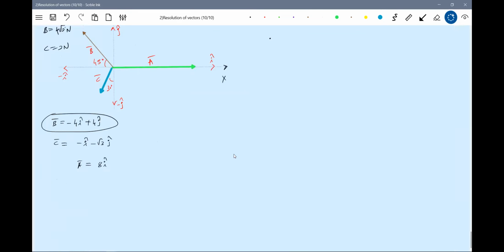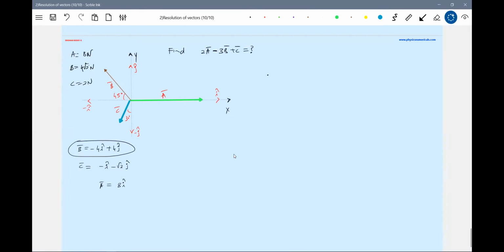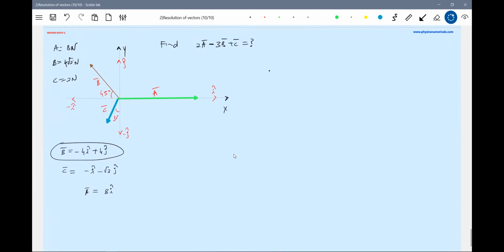Now, what was the question that is asked? Find the value of 2A bar minus B bar plus C bar. Let me directly write it. R bar equal to 2A bar, 2 into 8 I cap, B bar minus 4 I cap, and C bar. Then we will change all this.